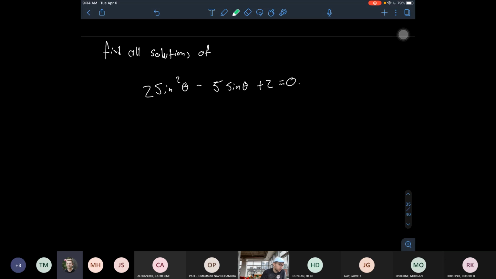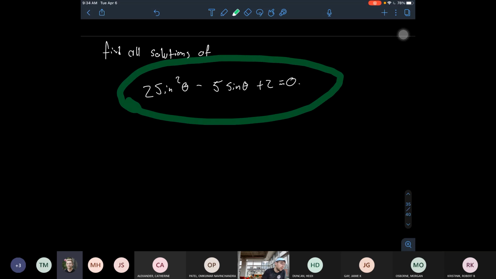Let me ask you guys, is this equation reminding you of any sorts of equations which we used to solve before we started working on trigonometry?